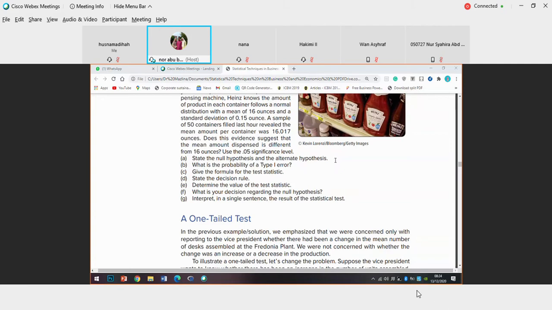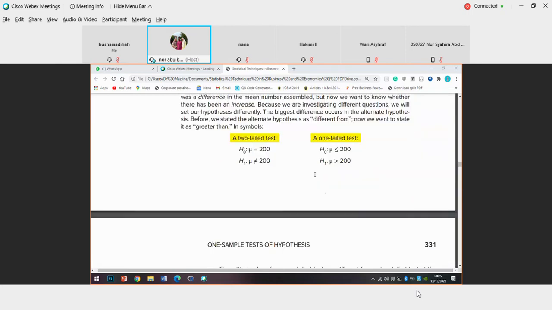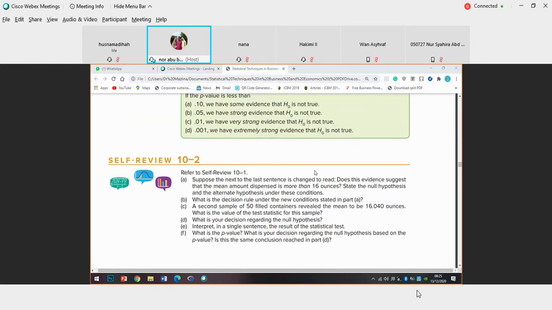Tapi sebenarnya saya selalu kalau lepas dah habis chapter 10-11 barulah saya introduce apa dia p-value, sebab masa tu awak mungkin dah terlalu biasa sangat dengan cari Z, cari T, kemudian awak dah tahu rejection region kat mana, acceptance region kat mana. Jadi you feel more comfortable if I tell you at the end of the lesson. Tapi tak apalah, kita tengok as we go.